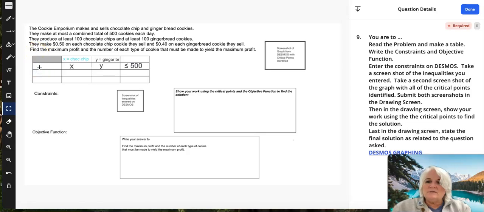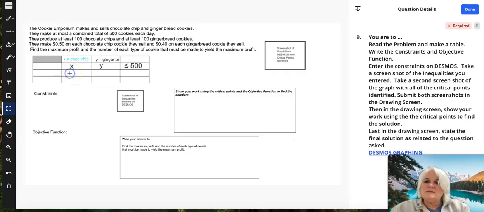I'm going to write, they produce at least, so you would have X 100. Produce at least. So X would be greater than or equal to 100.